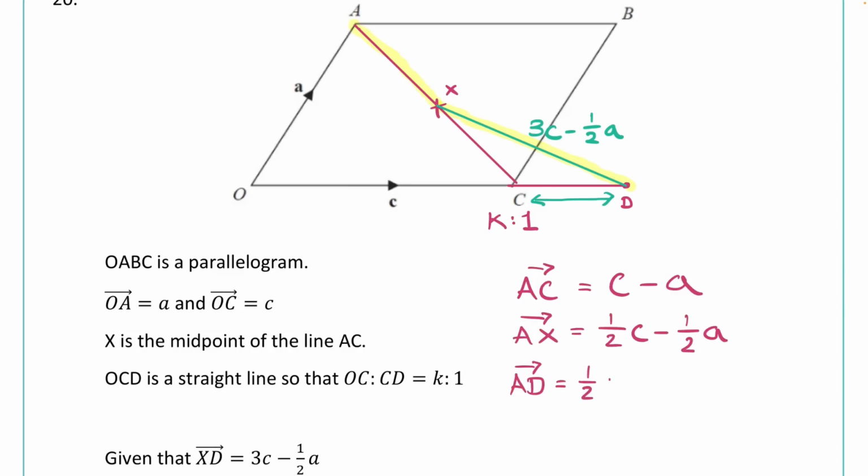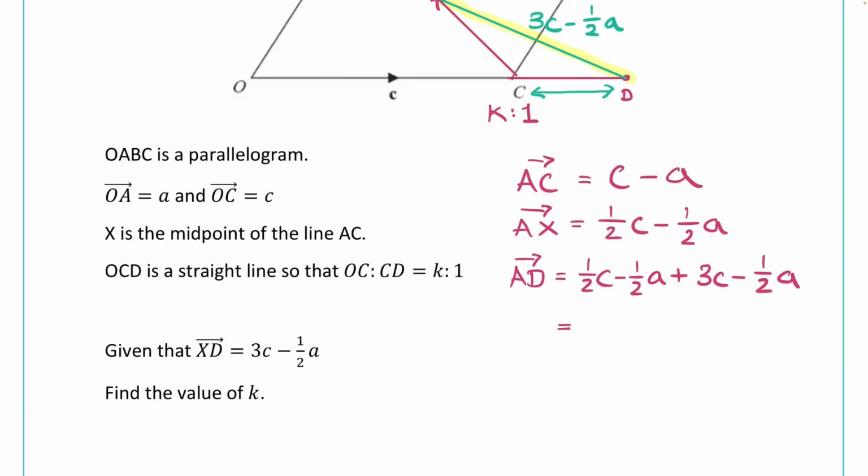So half C minus half A plus 3C minus half A. Now if we simplify that, we have a half C and a 3C, so that's 3.5C. Minus half A minus half A is just minus A overall. So we have 3.5C minus A. I typically wouldn't write mixed numbers, so we'll write that as an improper fraction. 3 times 2 is 6, plus the 1 is 7. So 7 over 2 C minus A, and that is the vector A to D.